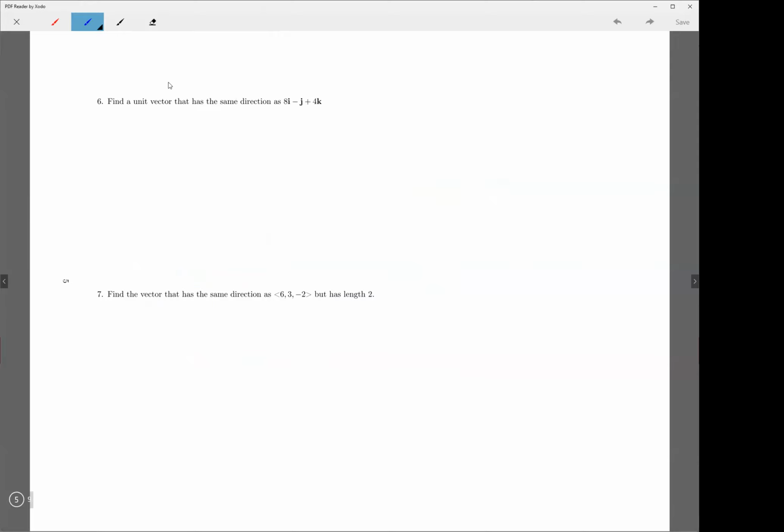And if you multiply a vector by a scalar, it does not change the direction. So there's this principle right here. Multiplying by a scalar does not change direction.